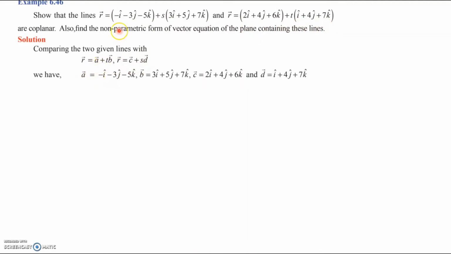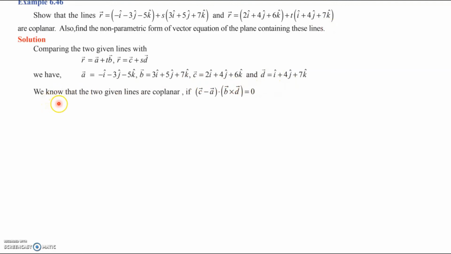So our A vector will be minus i cap minus 3j cap minus 5k cap, our B vector will be 3i cap plus 5j cap plus 7k cap, our vector C will be 2i cap plus 4j cap plus 6k cap, and our vector D will be i cap plus 4j cap plus 7k cap.